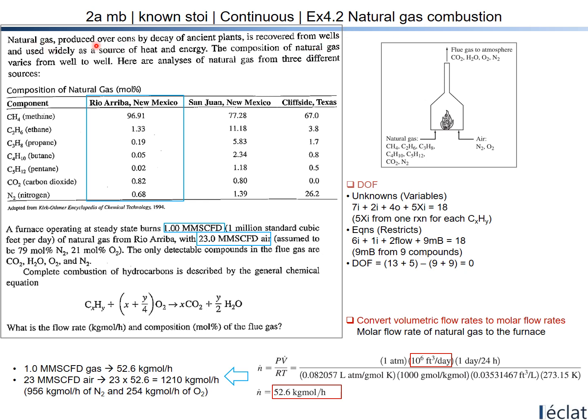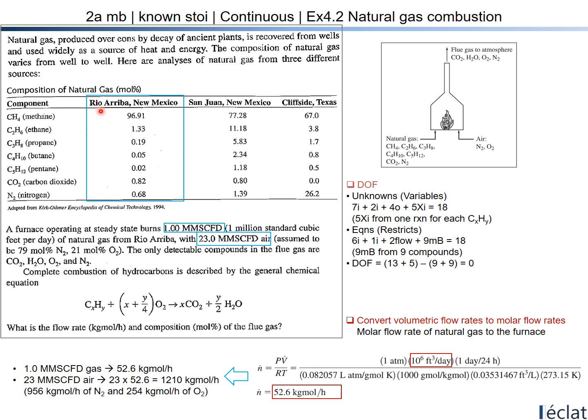Natural gas produced over eons by decay of ancient plants is recovered from wells and used widely as a source of heat and energy. The composition of natural gas varies from well to well. Here are analyses of natural gas from three different sources.